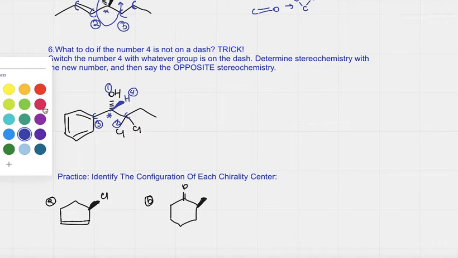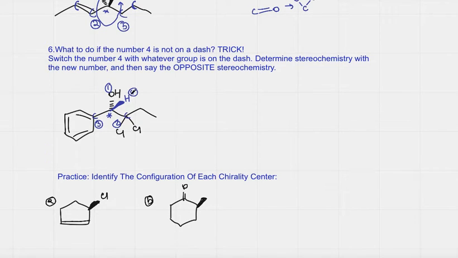Now I notice that my lowest group, which is the hydrogen, my group number 4, is not on a dash. So what I will do according to the trick is I will secretly switch 4 and 1. Now this is just for you because the correct priorities are the ones that I have shown here.